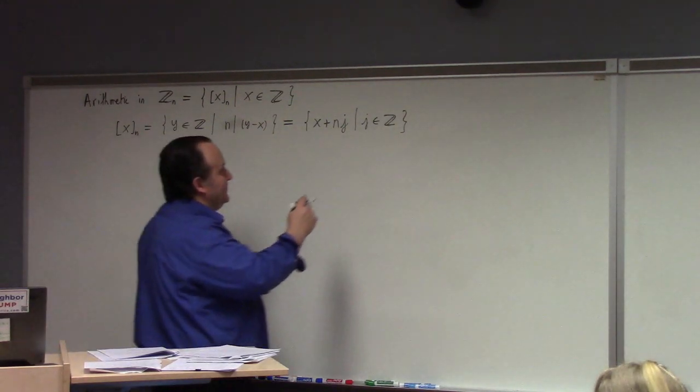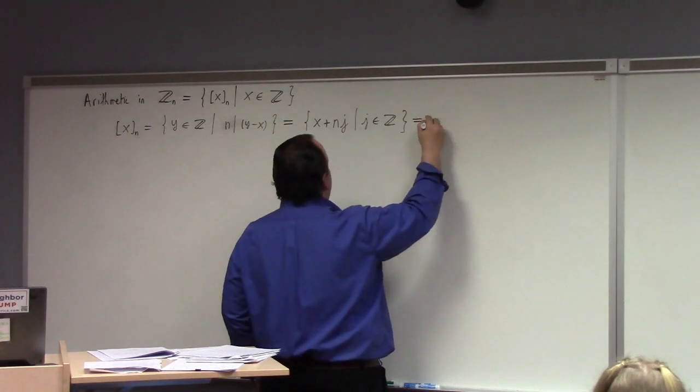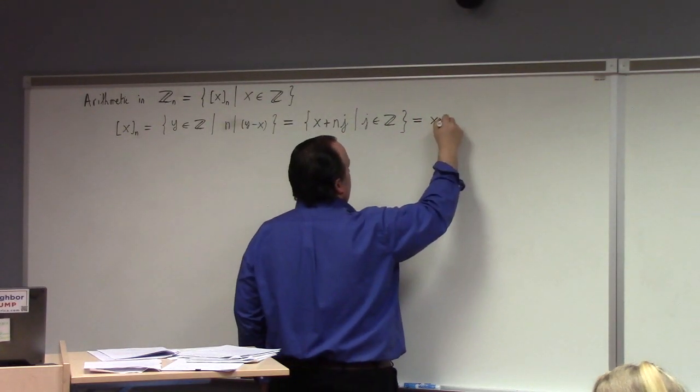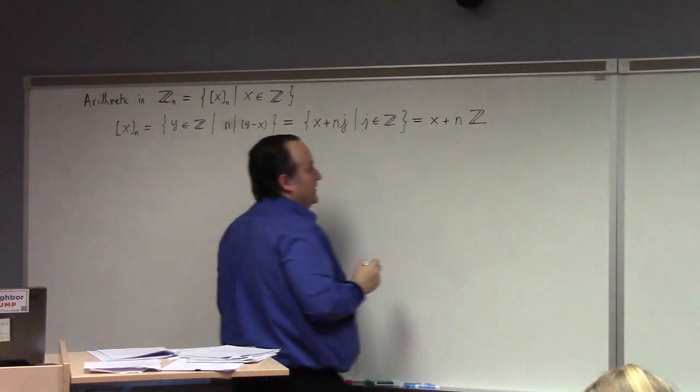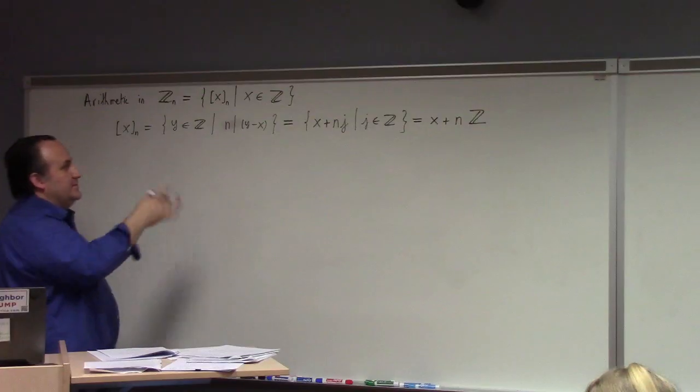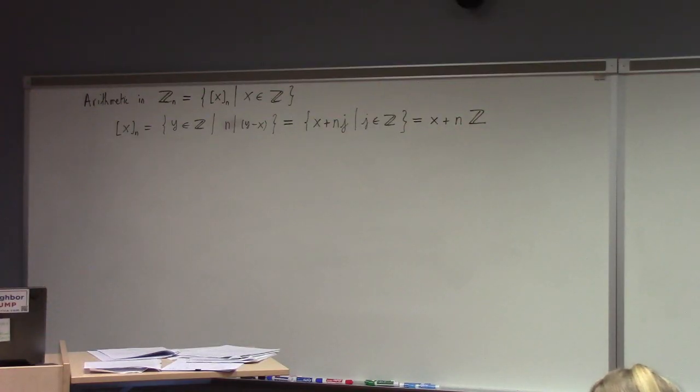And I also mentioned we could write this also as x plus nZ using the so-called coset notation. All right, so these are just different notations to capture what we mean by an equivalence class modulo n.